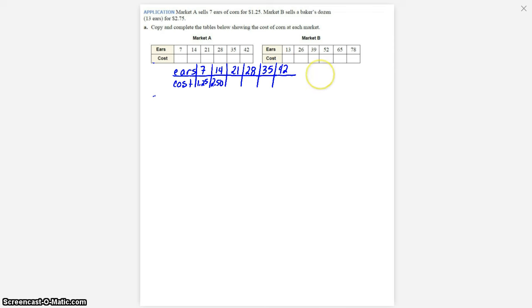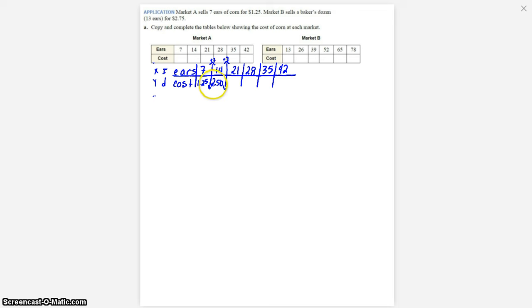So for every 7 ears, the independent and the dependent, or the X and the Y, every time X is going up by 7, the cost is going up by $1.25.